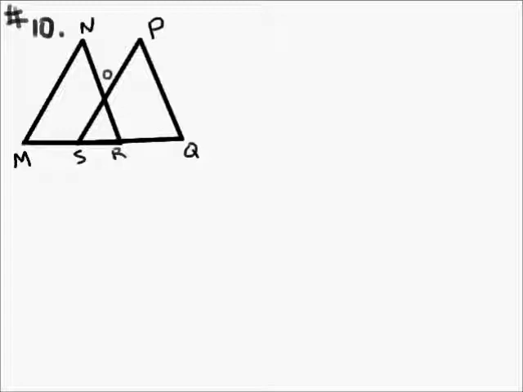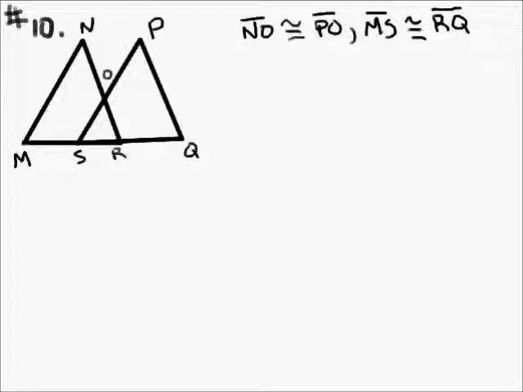Given a diagram that looks a little like this, it says that in the following figure, line segment NO is congruent to line segment PO, line segment MS is congruent to line segment RQ, and angle OSR is congruent with angle ORS.